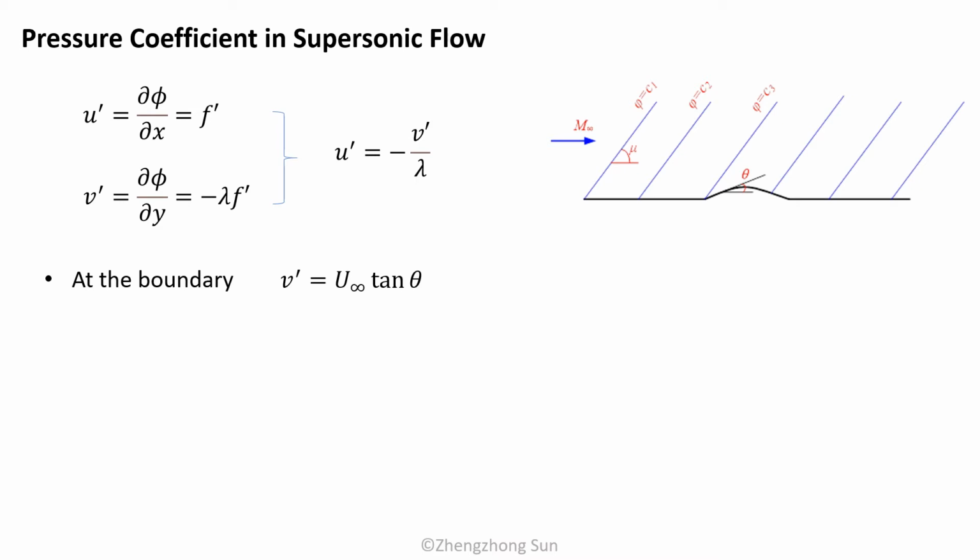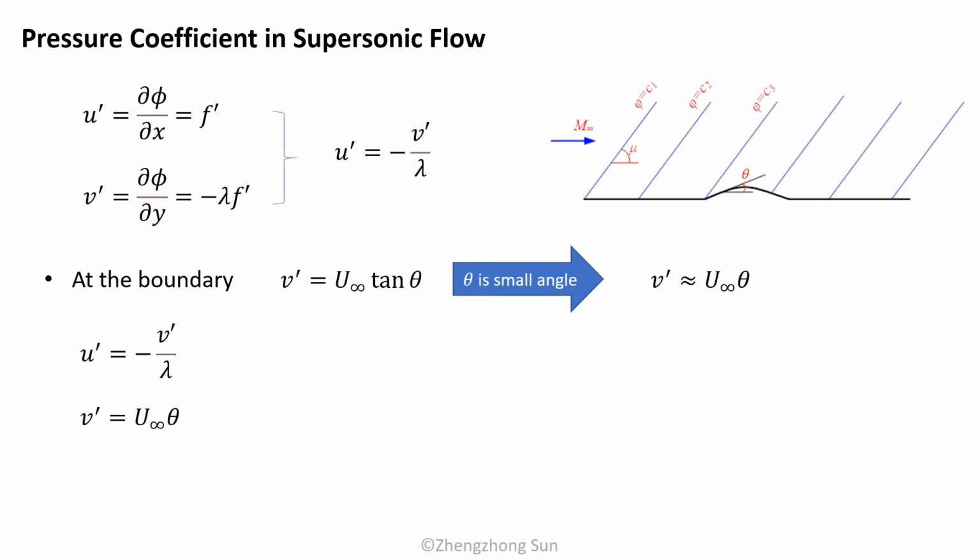Along the wall, we know v prime equals U infinity times tan theta. We get this by applying the small disturbance assumption and eliminating u prime. It's not listed here, but you should consider the velocity triangle. Because theta is a small angle, we can further estimate v prime equals U infinity theta, so the tan is removed. So we have u prime and v prime now.